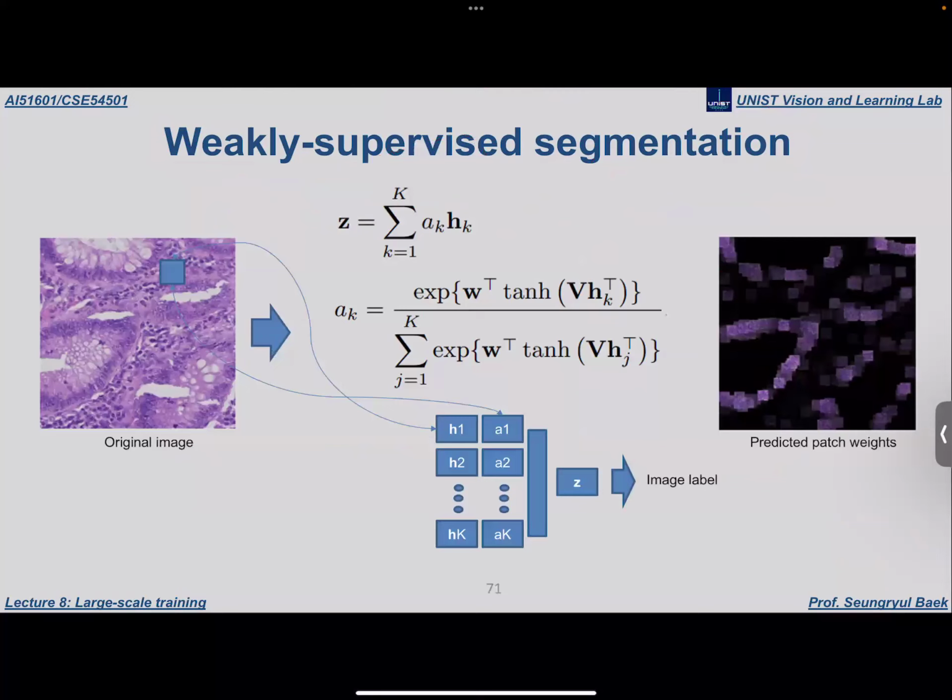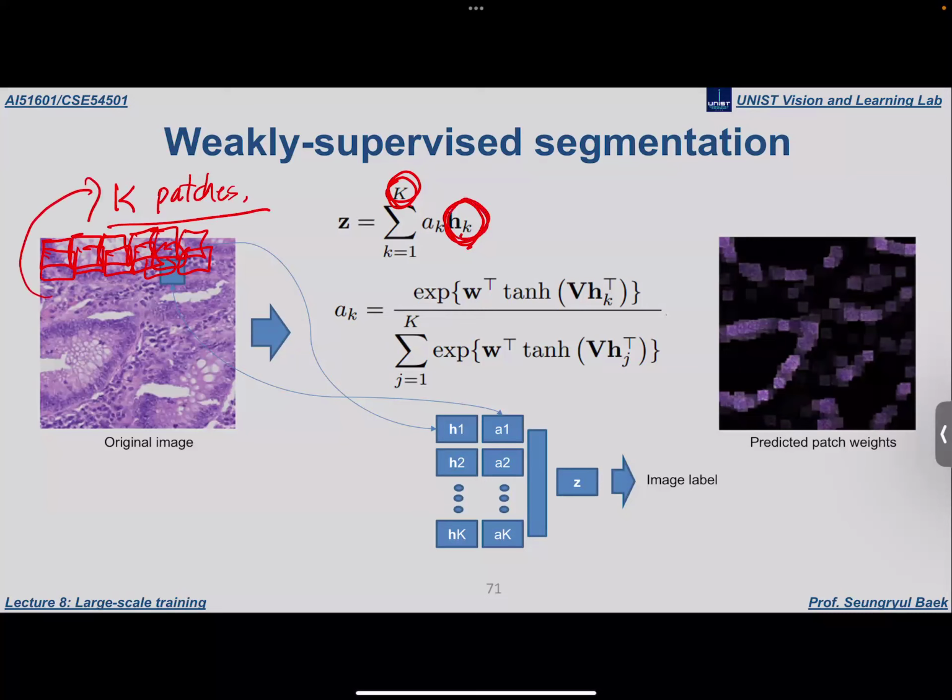And what they did is they first extract some dense patches from this image. They extract K patches from this image, and then they apply some deep learning layers to extract the hidden representation for each patch. That's denoted as H of K, and they also apply another set of deep learning layers to extract a weight for each patch.